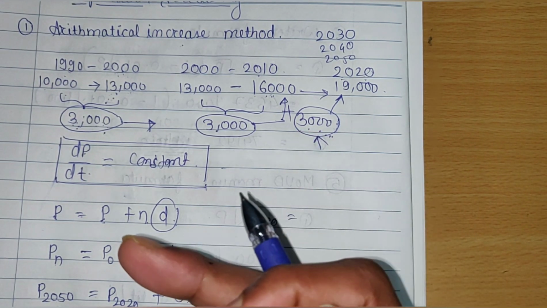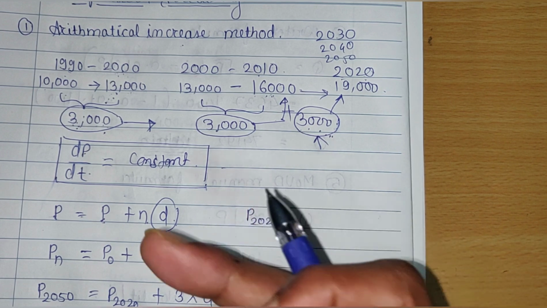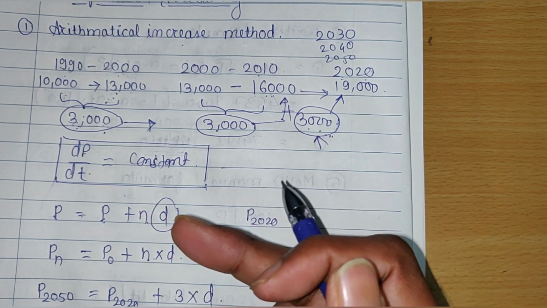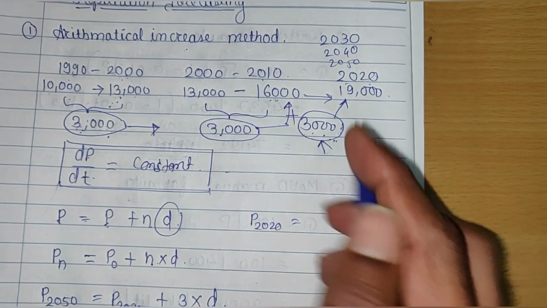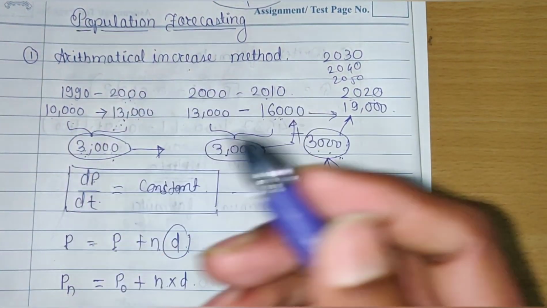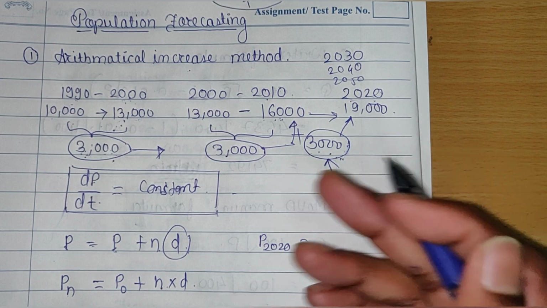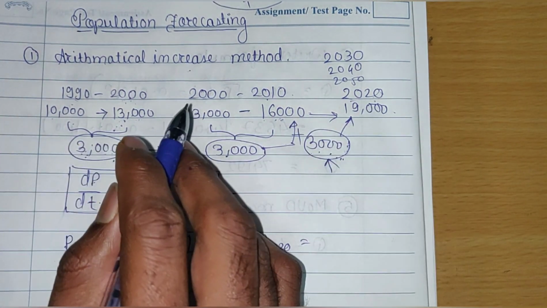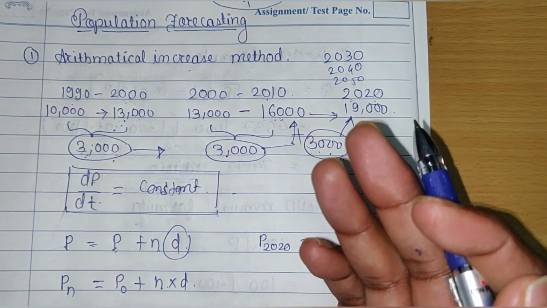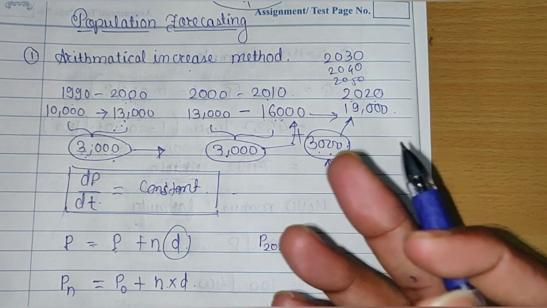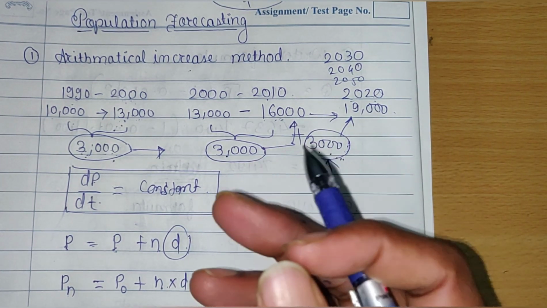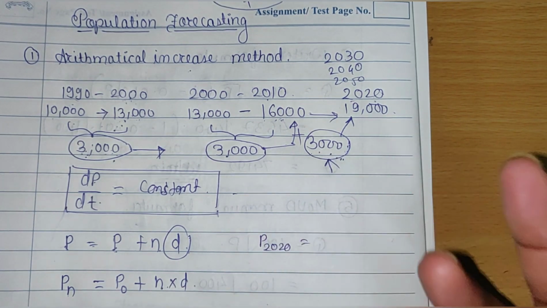That's why the rate of increase in population is more in Nashik and Nagpur. So for Nashik and Nagpur this method is not suitable, but for a developed town or developed countries this method is suitable, because there is less chance of a high rate of increase in population.